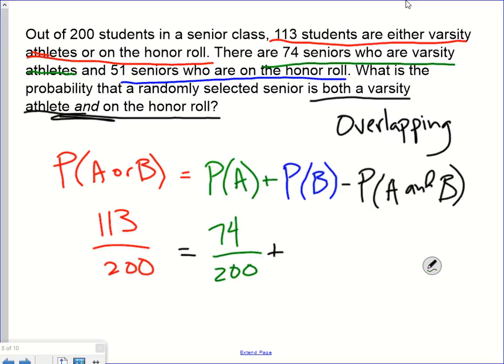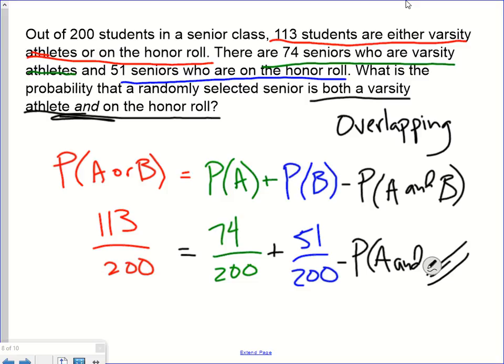And then plus probability of B is 51 out of 200 again. And then this final part is what we're solving for here. P of A and B. So we're not always just going to be solving for the left side of this equation. Sometimes we might be solving for something different.